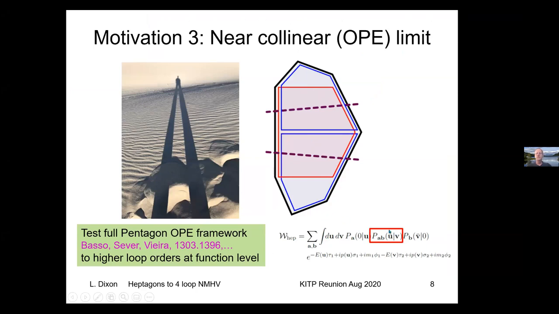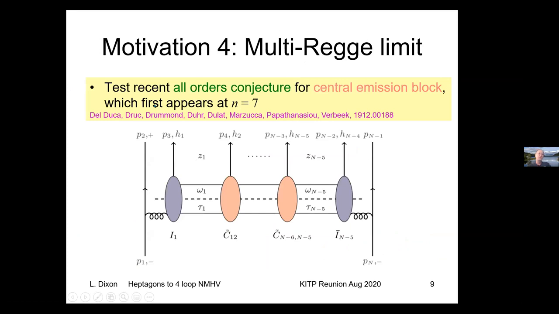And those predictions actually involve full Pentagon transitions, which depend on the excitations on both sides of this Pentagon. Whereas in the 6-point case, we can test it to high loop orders, but it only looks at simplified Pentagon transitions where there are excitations just on one side. So that's a great thing to explore and test that everything's working fine.